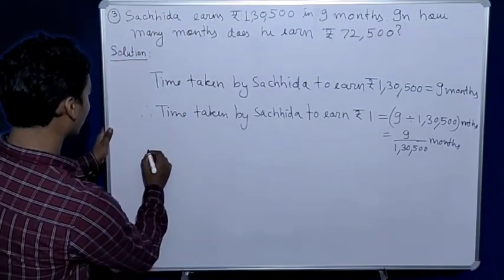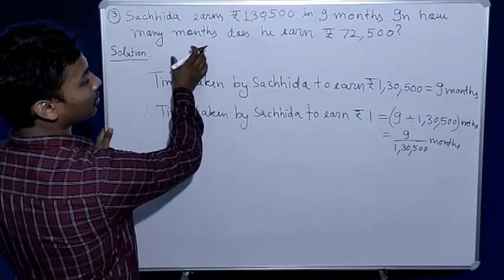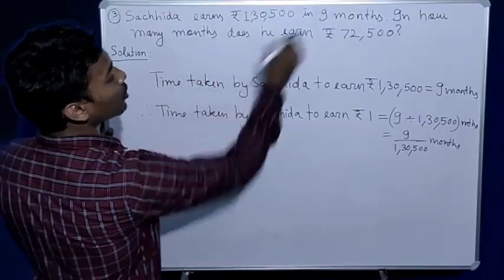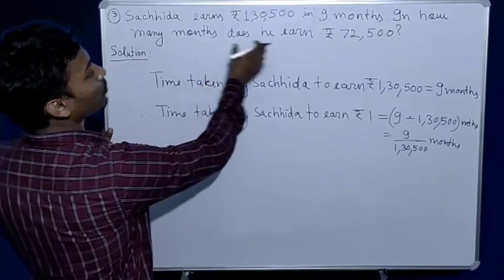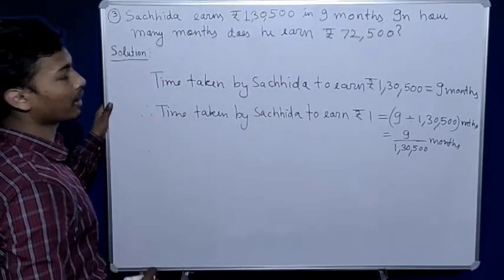So we have to find the number of months, or the time, required if he is earning rupees 72,500.